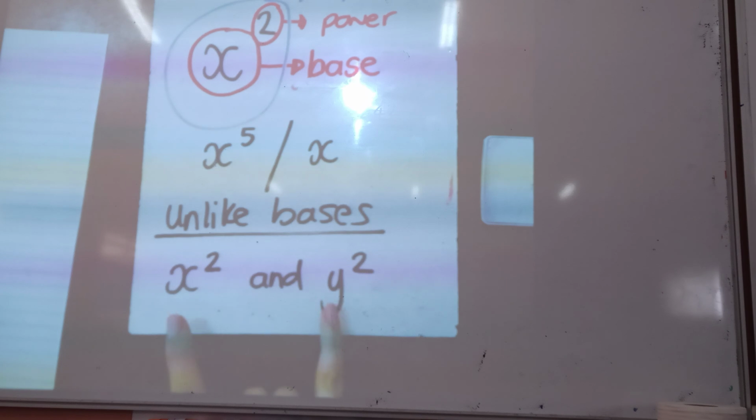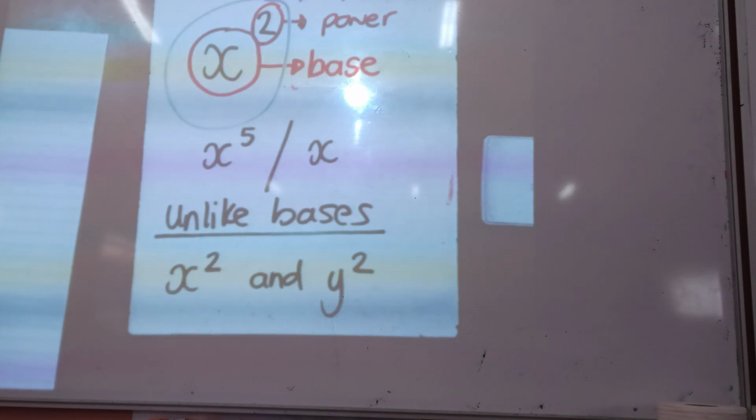But different bases, unlike bases, so you cannot do exponent laws. You can only do exponent laws when the bases are the same. What is the base? The variable. Or, please don't forget, that an exponent can also look like this.